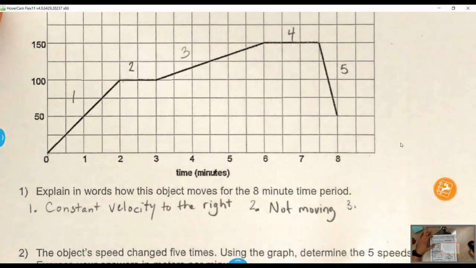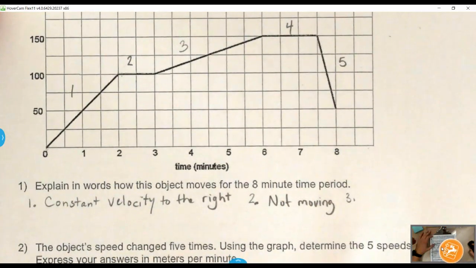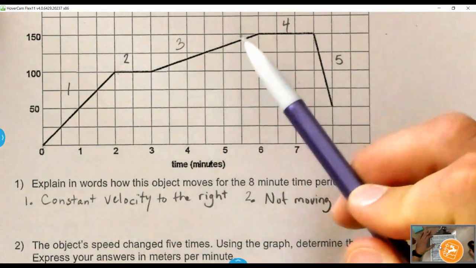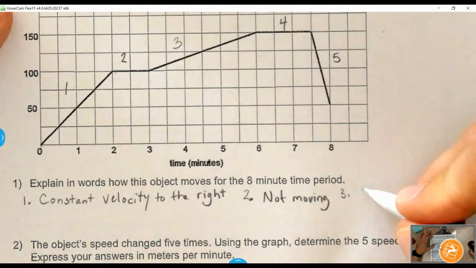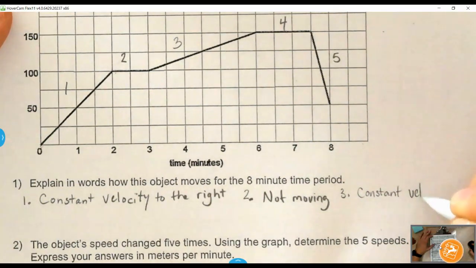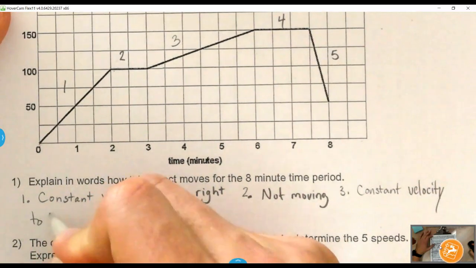What about 3? What would you guys say about 3? Okay. There's no curve to the slope, so it's constant velocity to the right.